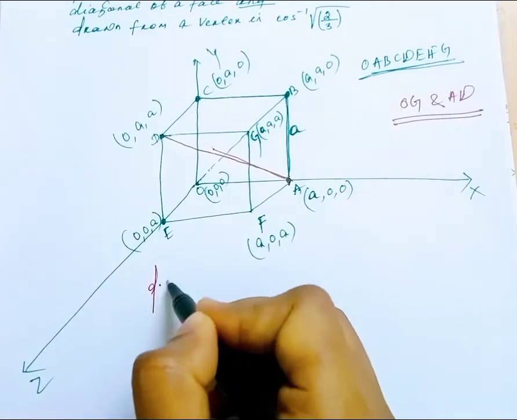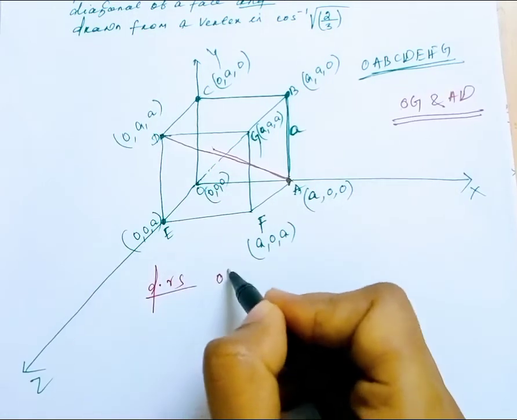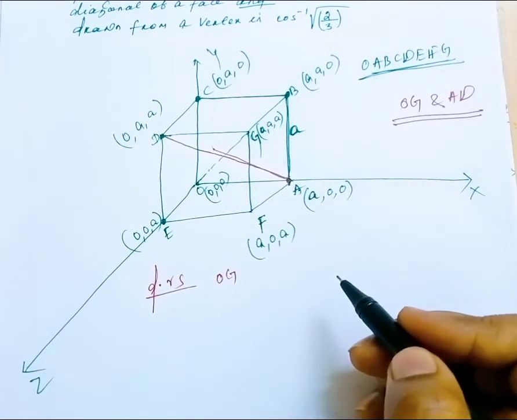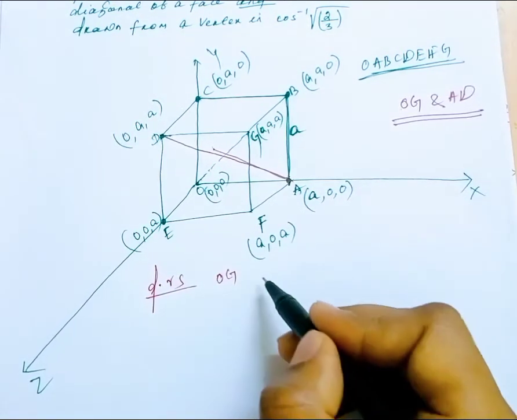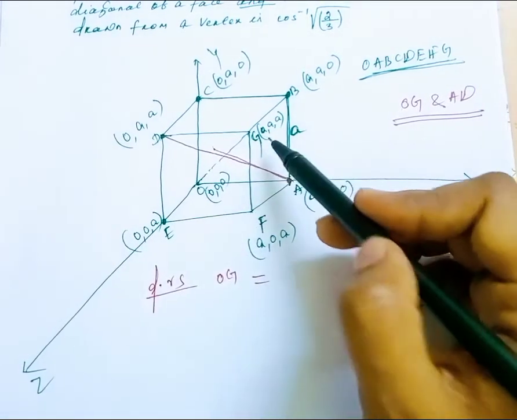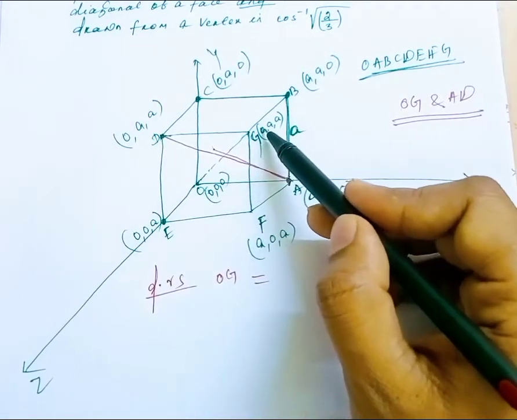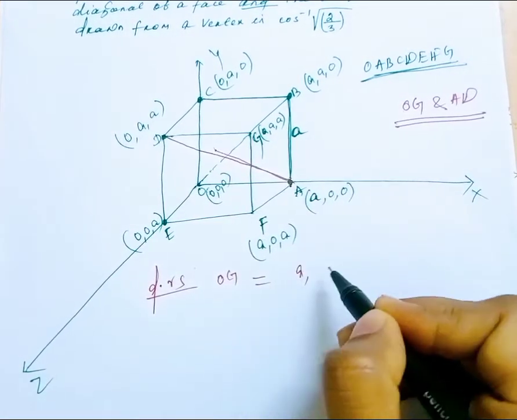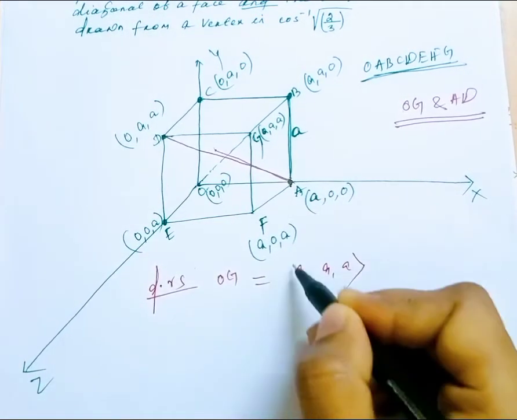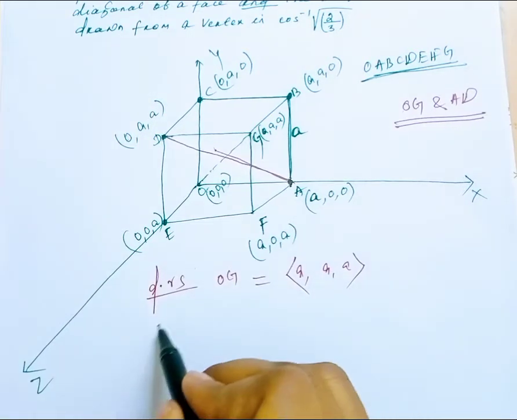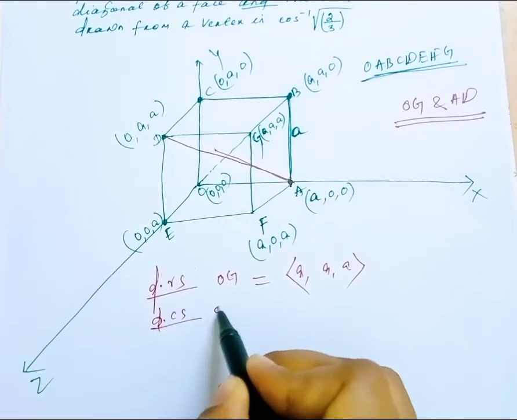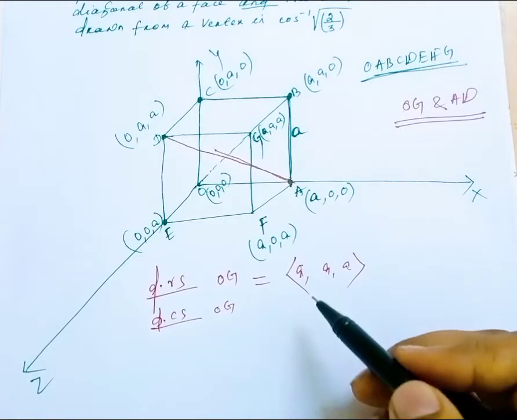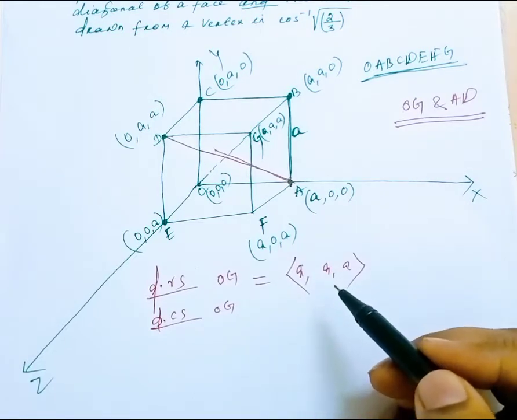You have to find the direction ratios of OG using the formula x2 minus x1, y2 minus y1, and z2 minus z1. So according to that, your direction ratio should be A, A, A. And from direction ratios you can easily find the direction cosines by using the formula a divided by square root of a square plus b square plus c square.